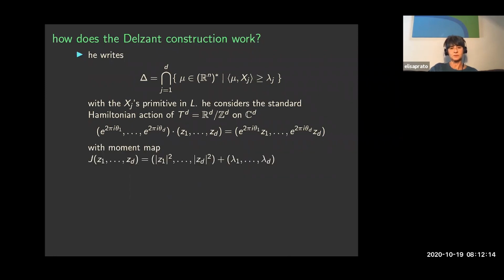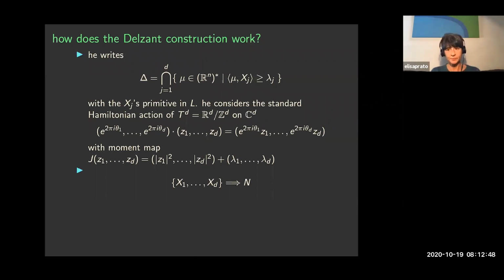This is the classical example of Hamiltonian action, and the moment mapping is given by this formula. The moment mapping of an abelian action is unique up to a constant, and Delzant chose this constant to be equal to this (λ_1, ..., λ_d), where the lambdas are the constants that define the half spaces. So that's the first step.